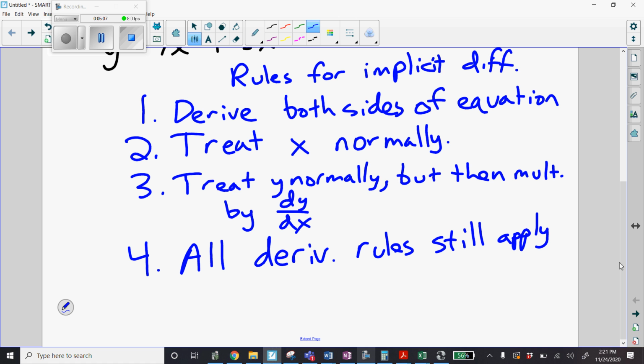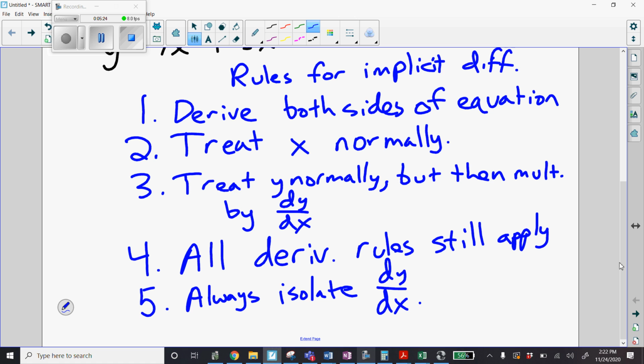And the last thing that we want to do is isolate dy dx. So after we go through and derive everything, we want to isolate dy dx. So our equation reads dy dx equals, and that will be our derivative function.